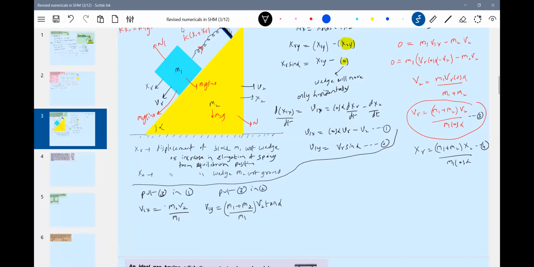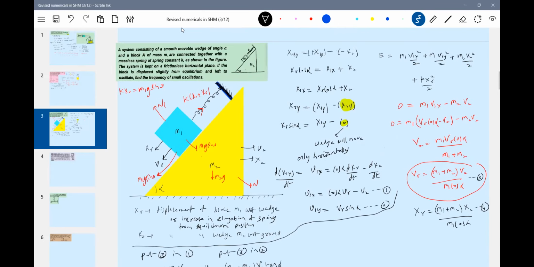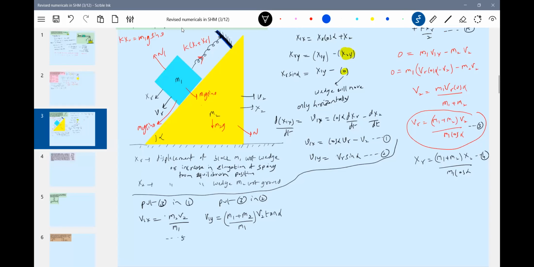Okay, now everything we have in terms of V2 and X2, there we will substitute. Then the primary equation I'll write as equation A or something. So put these 4, 5, 6 in A. Sir, I got the time period expression, sir.